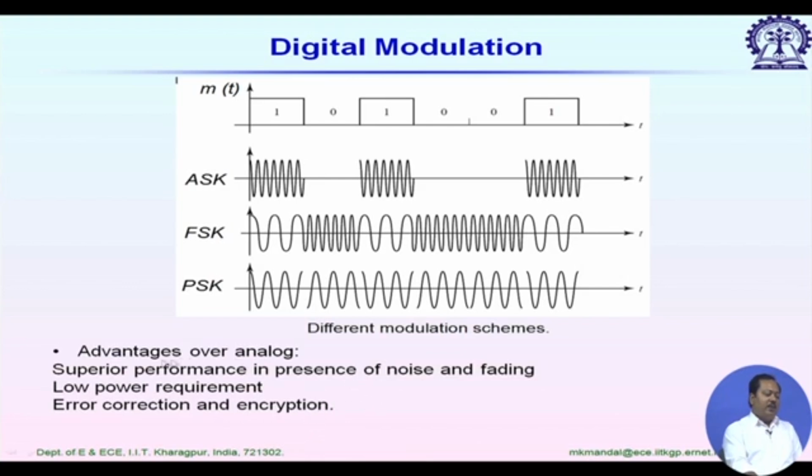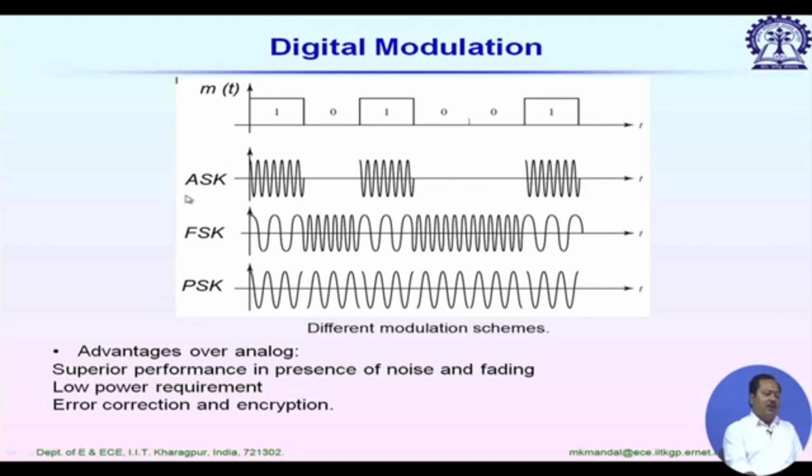Because of these many advantages, digital modulation has become very popular inside your mobile phone or even in handheld devices. Mostly we are now using digital modulation, and here are some typical digital modulation examples.